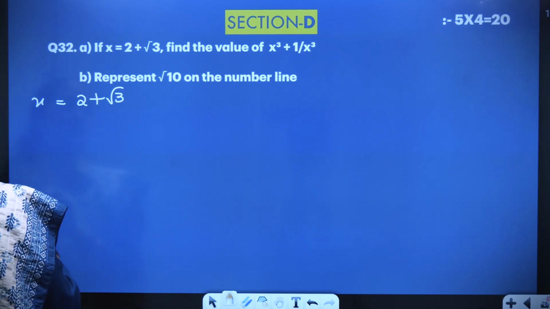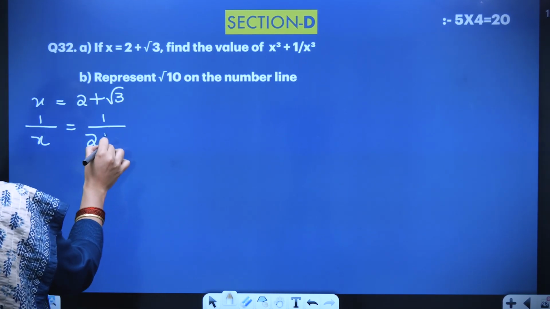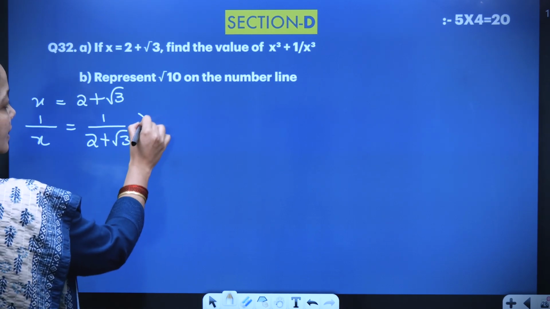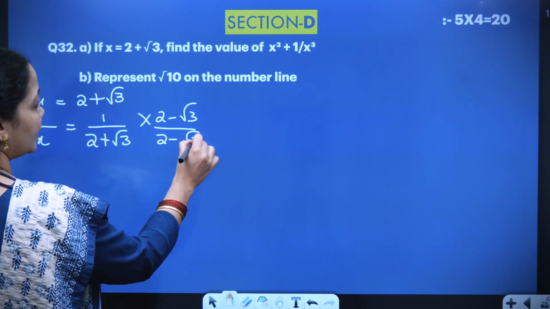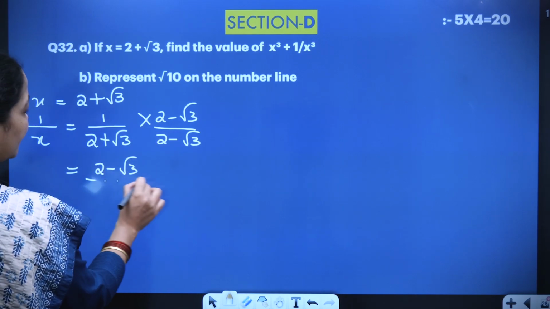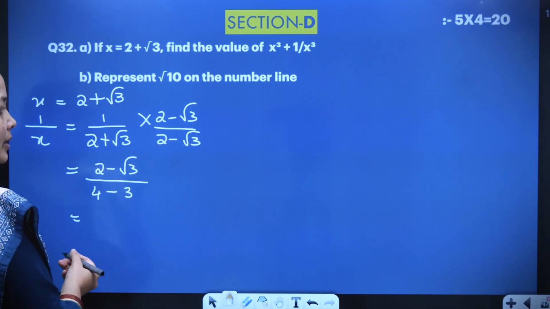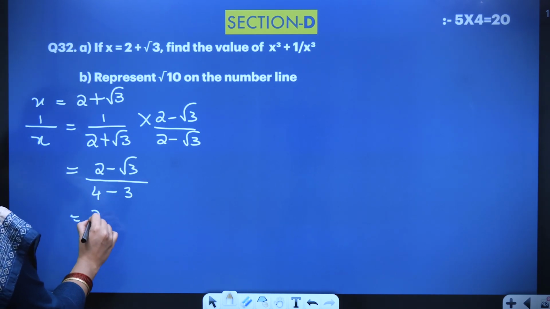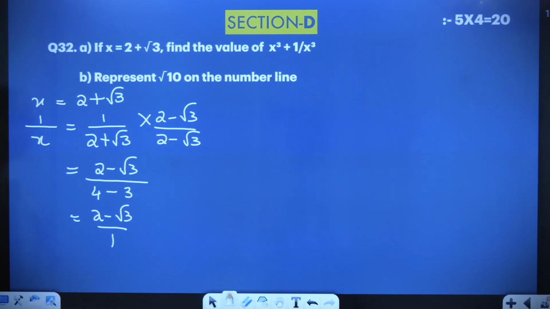First I find 1 by x, which is 1 by 2 plus root 3. I have to rationalize this, so multiply by 2 minus root 3 divided by 2 minus root 3. So it is 2 minus root 3 divided by 4 minus 3, since a plus b into a minus b is a square minus b square. So it's 2 minus root 3 by 1, or only 2 minus root 3.